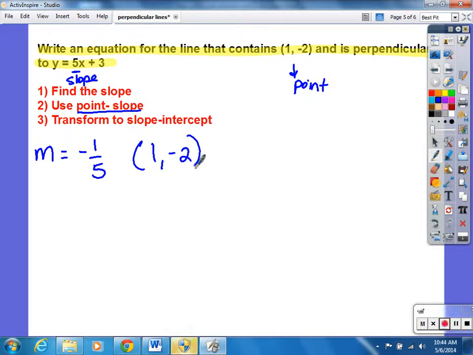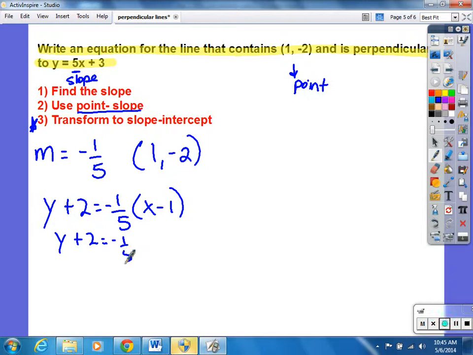With the slope and the point, we can write the equation in point-slope form. That would be y plus 2 is equal to negative 1/5 times the quantity of x minus 1. Remember, our last step is going to be to transform that to slope-intercept form. So we are going to distribute that negative 1/5, and we're going to then isolate the y. So from here, we would have y plus 2 is equal to negative 1/5 x plus 1/5.